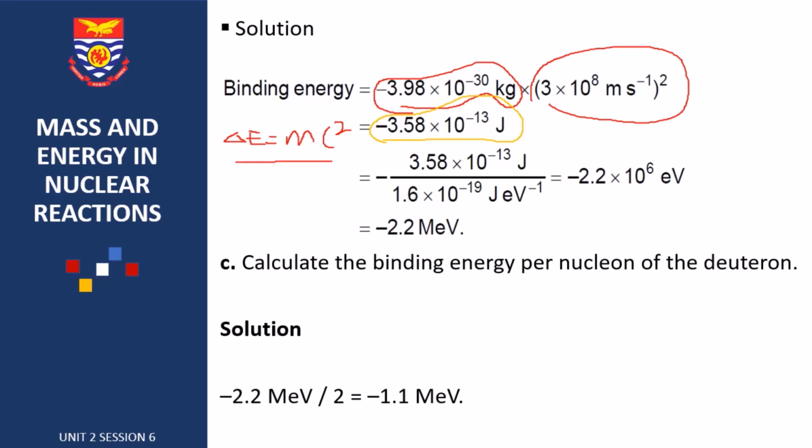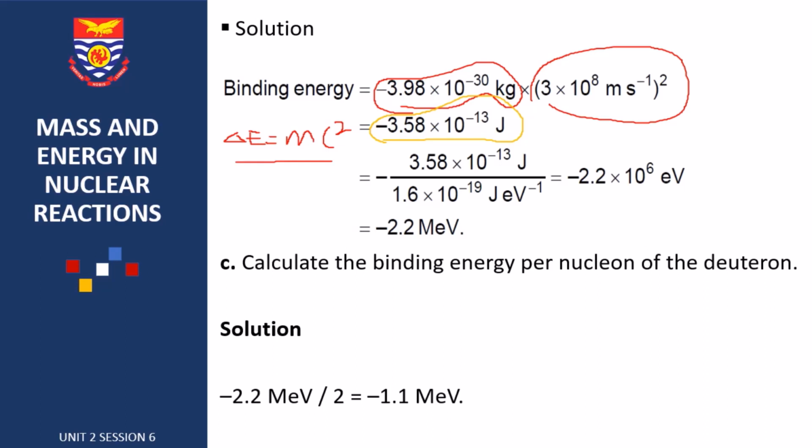But every 1.6 times 10 to the power negative 19 joule is equivalent to 1 electron volt, which means that 3.58 times 10 to the power negative 13 joules will be equivalent to what number of electron volts?